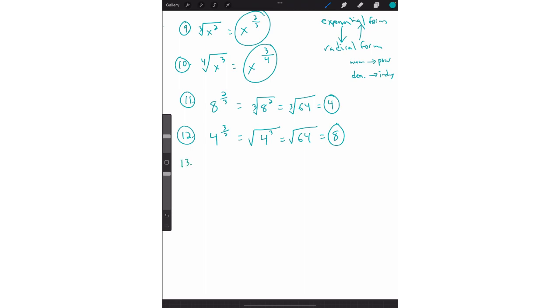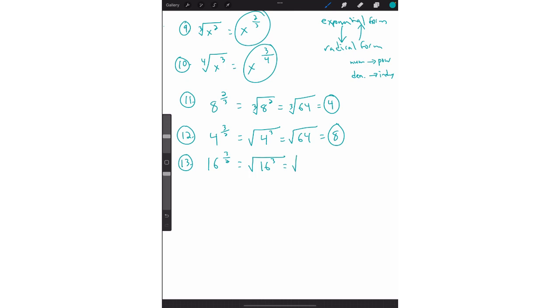All right, last one. We're going to be on number 13. And 13 is 16 raised to the power of 3/2. In writing this, I can write this as the square root of 16 to the 3rd power.